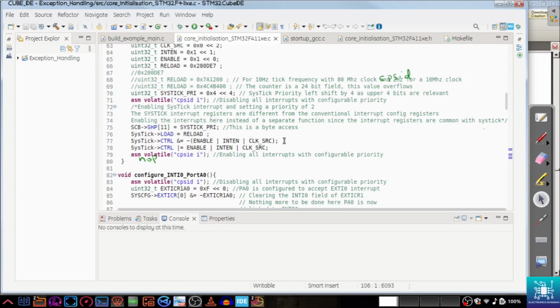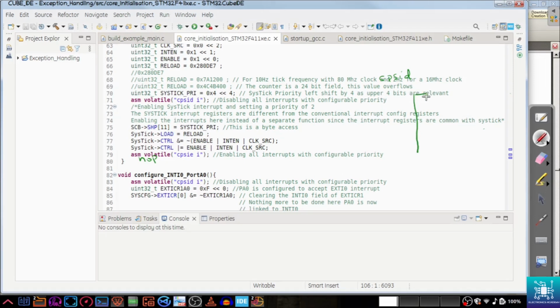But let's assume within this interval, some interrupt comes in. Not the Systick, because the Systick is not even configured. But at this point, if some interrupt comes in between CPSID and CPSIE, let's draw this.